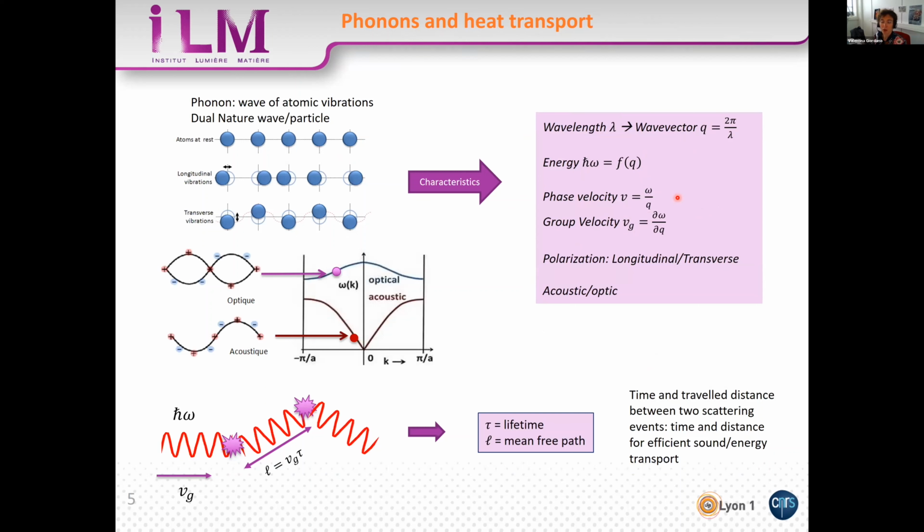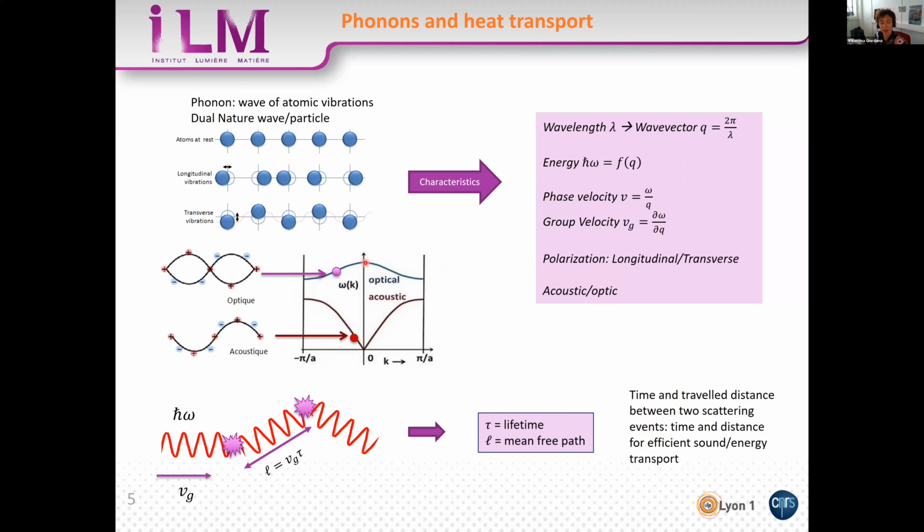The phonon can be longitudinal or transverse, depending on the direction of the atomic vibrations with respect to the propagation direction, and can be acoustic or optic. Here you see an example of dispersion, where we see the acoustic branch and the optic branch in an omega versus q space. As you can see, the acoustic branch has 0 energy at 0 wave vector, while the optic branch has finite energy at 0 wave vector.